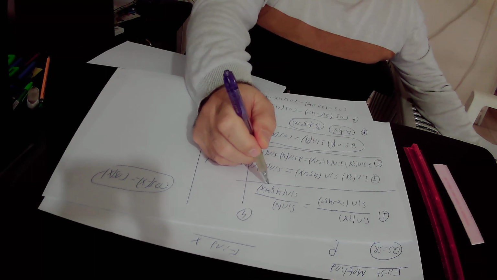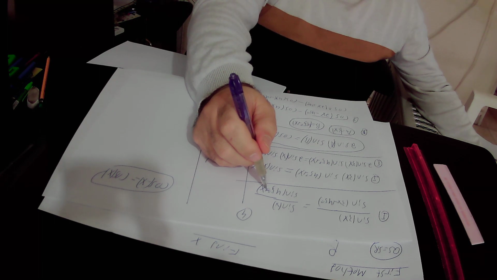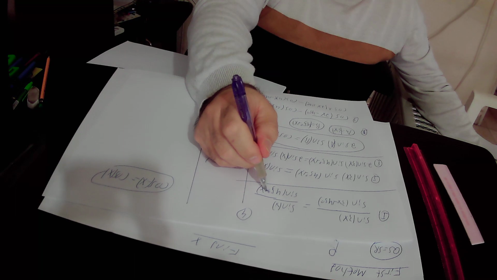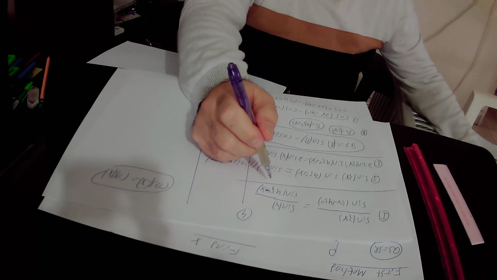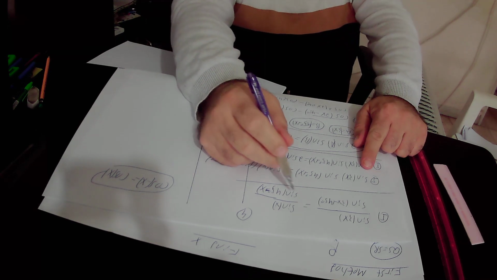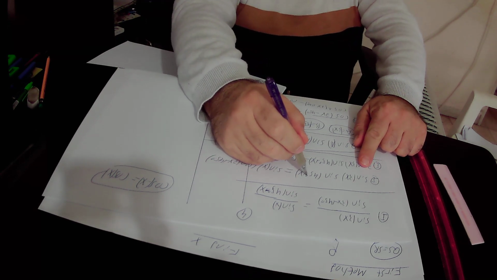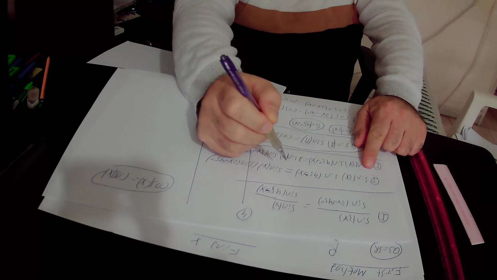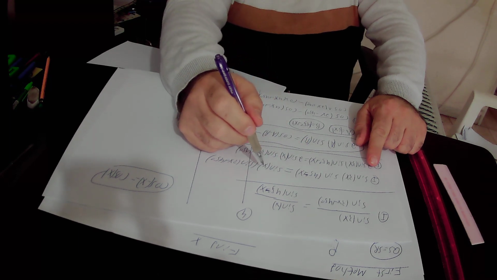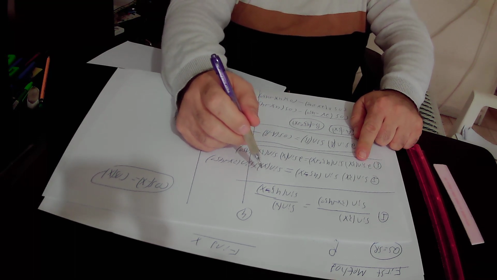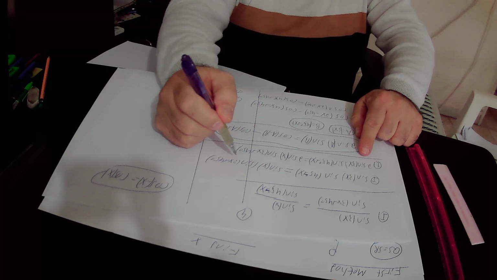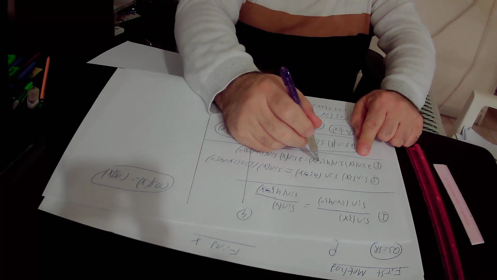So instead of plus, instead of minus, I wrote plus, so it is the mistake. Then I have to cross multiply it here. So here it is minus.